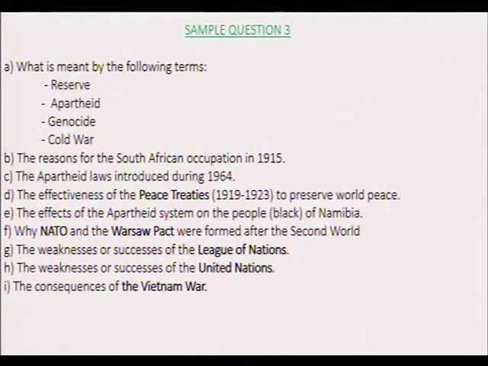The reasons for South African occupation in 1915, apartheid laws introduced during 1964, the effectiveness of peace treaties, the effect of apartheid system on black people in Namibia, why NATO and Warsaw Pact were formed after the Second World War, the weaknesses or successes of the League of Nations, the weaknesses or successes of the United Nations, and for example, the consequences of the Vietnam War.